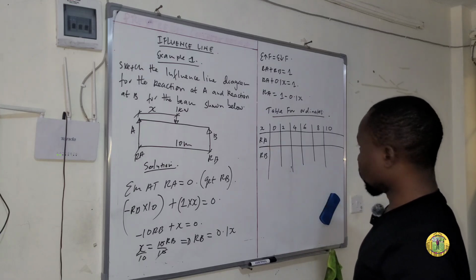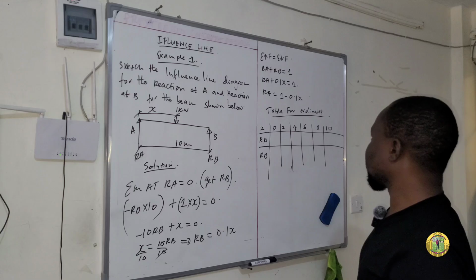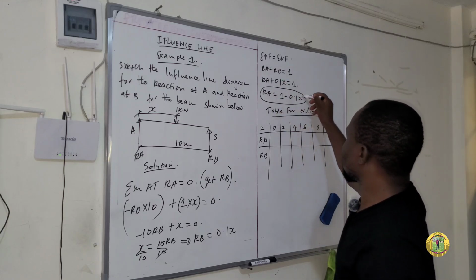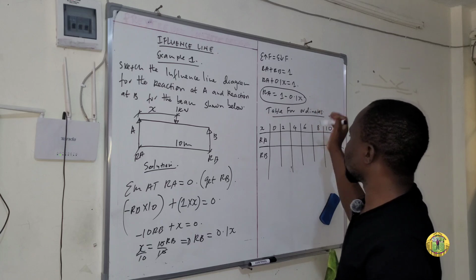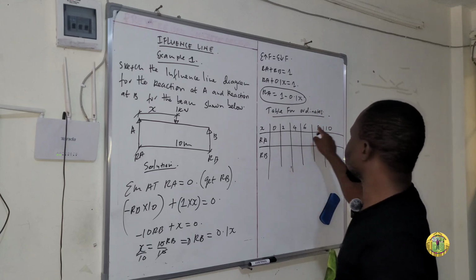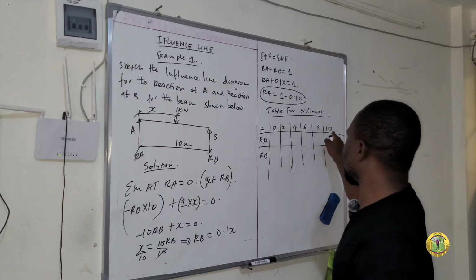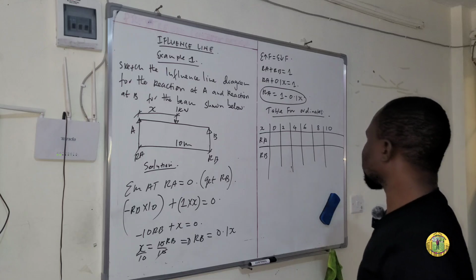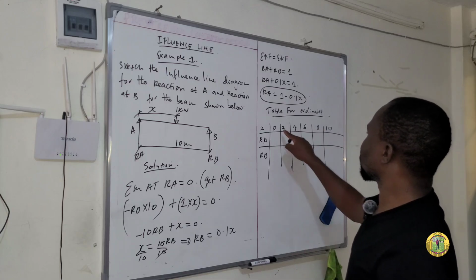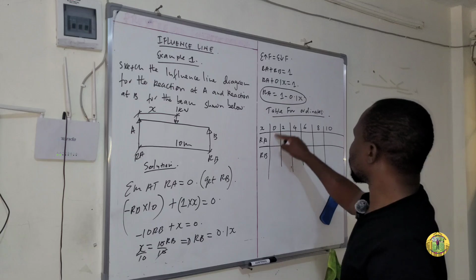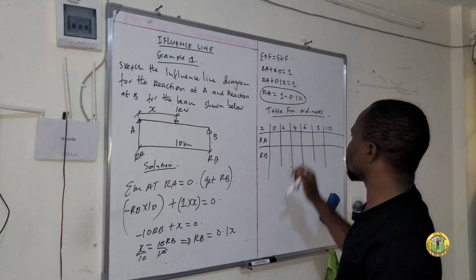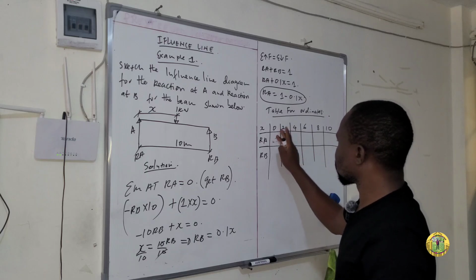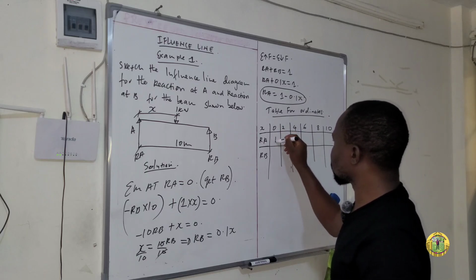To get RA, you will replace in this formula where we have x with a value lying on the x side. So for example, for 0, you will take 1 minus 0.1 times 0, which will give you 1.